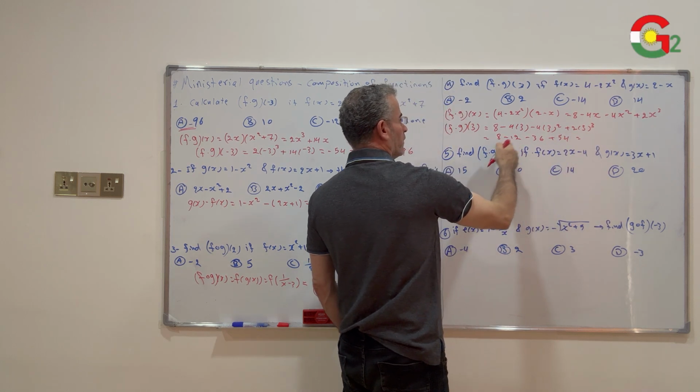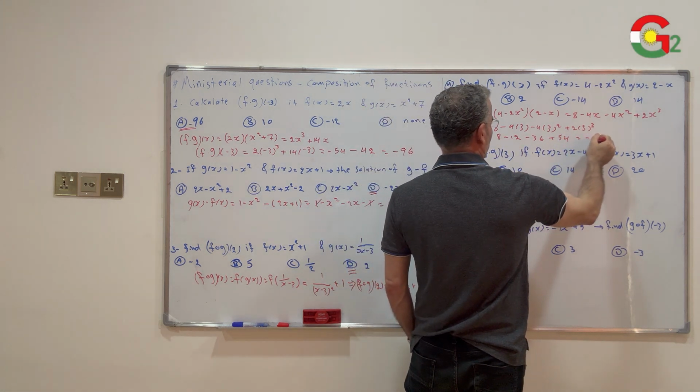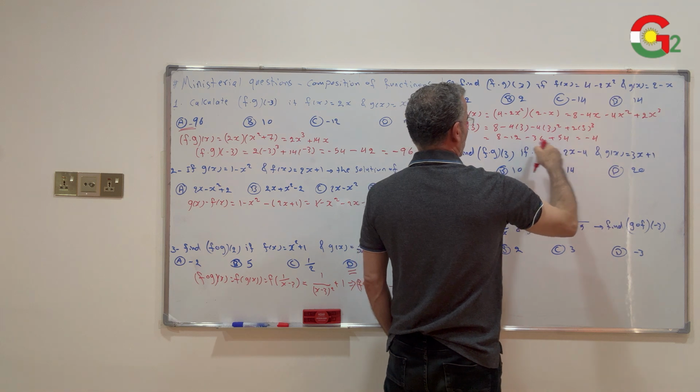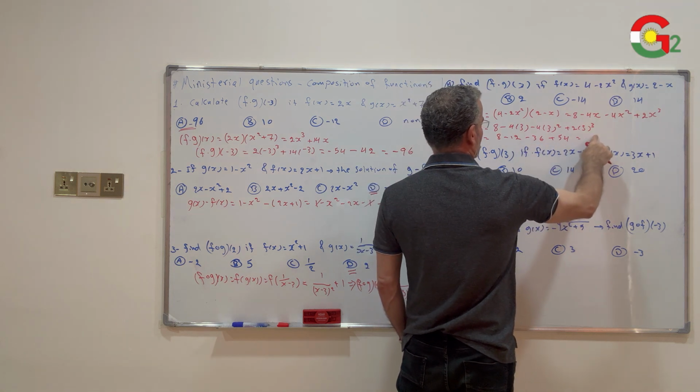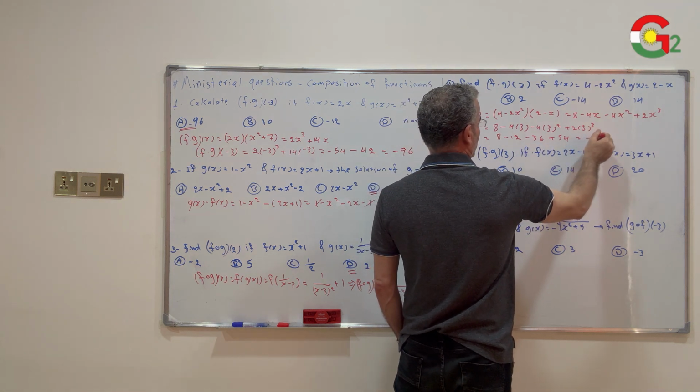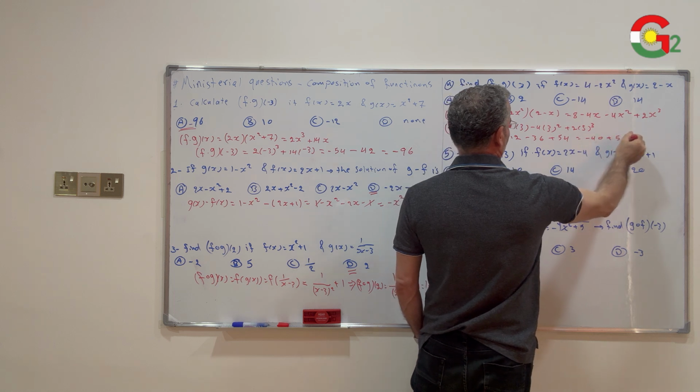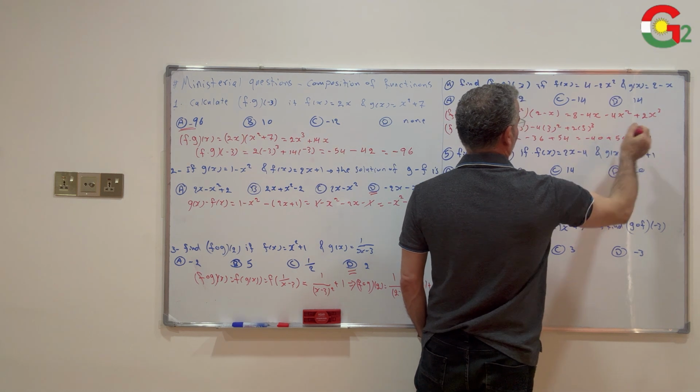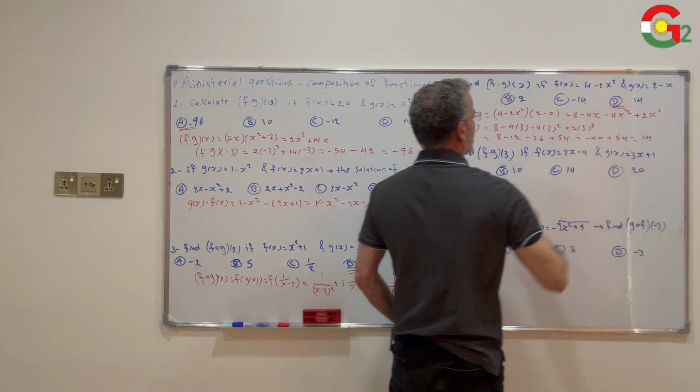Equals 8 minus 12 minus 36 plus 54, which equals 14. Choice D.